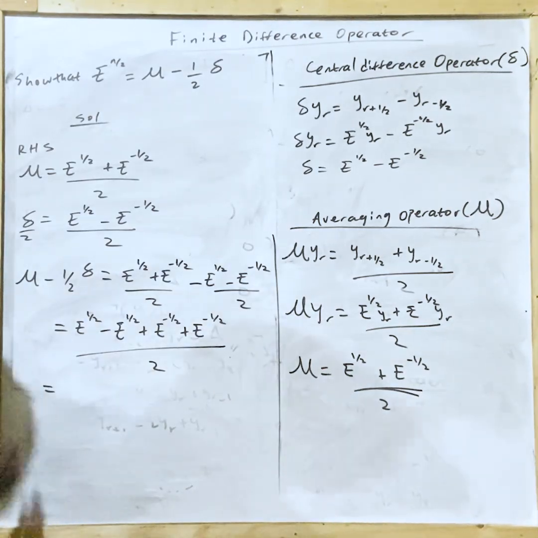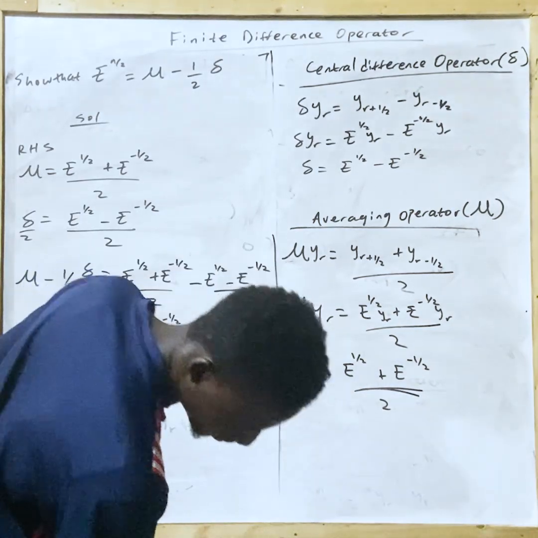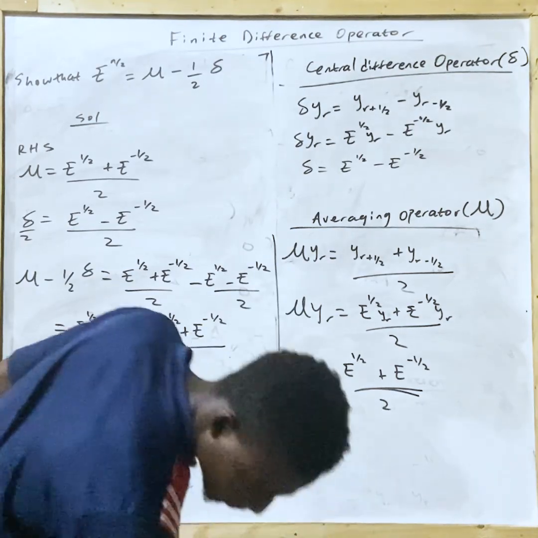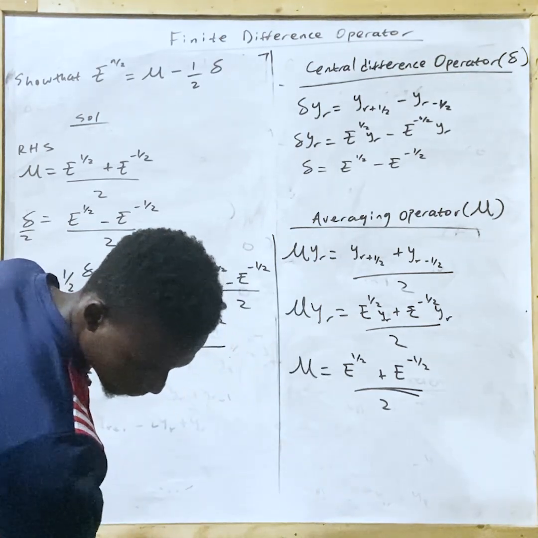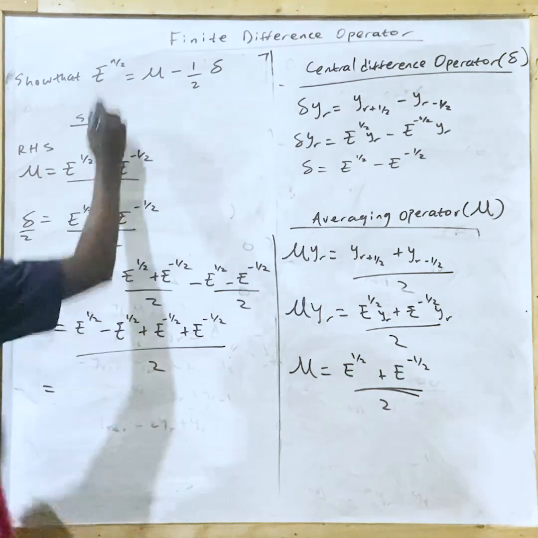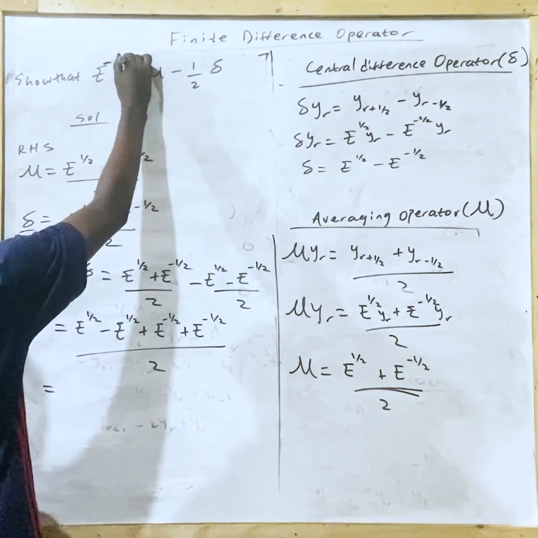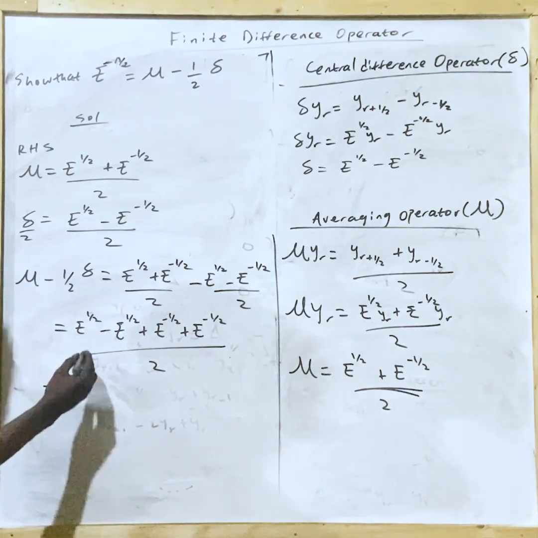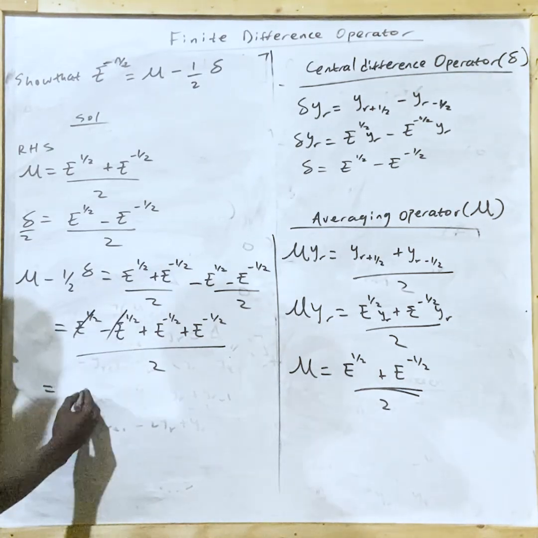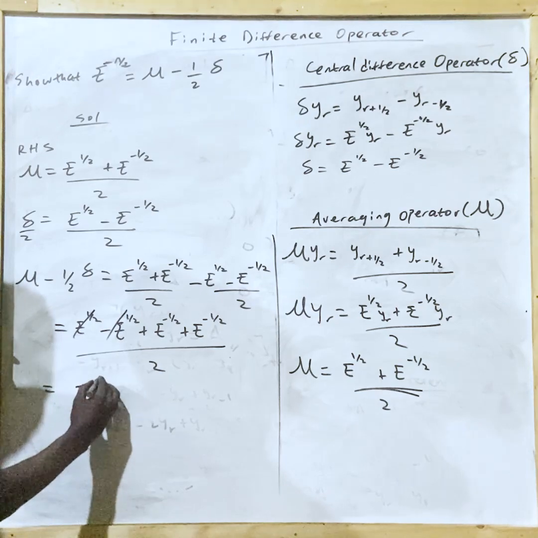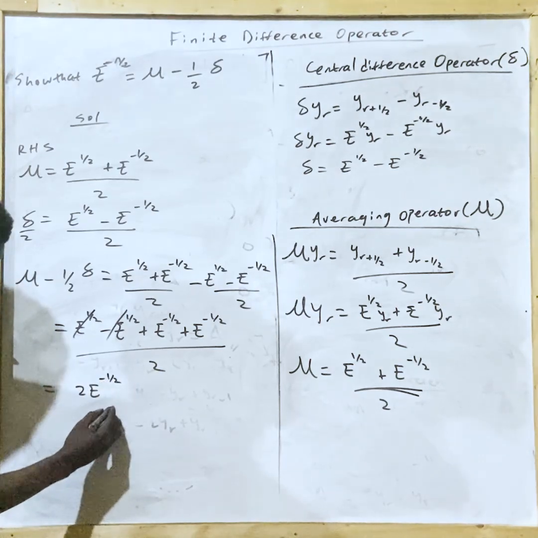Okay, good. Exactly what I was looking for. So this can cancel this, and I have 2 E raised to power minus 1 over 2, over 2.